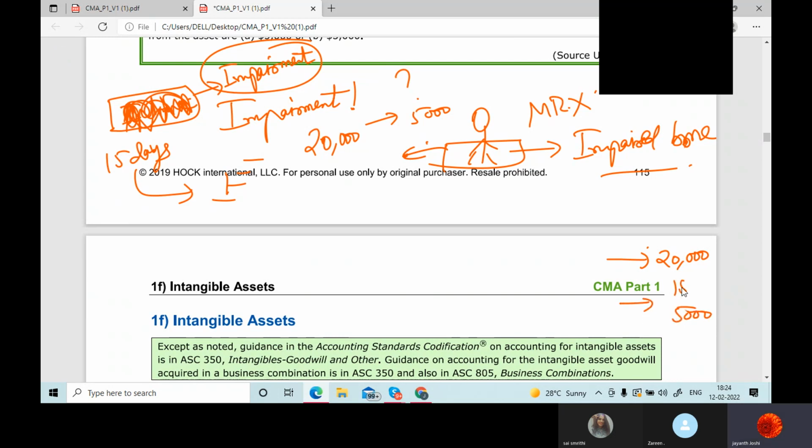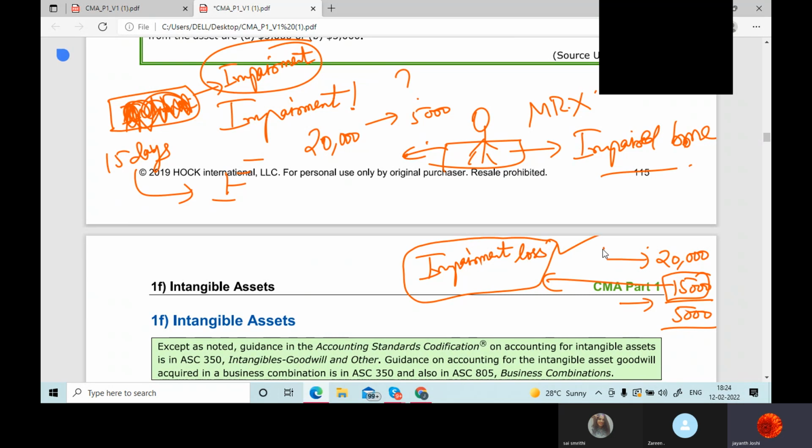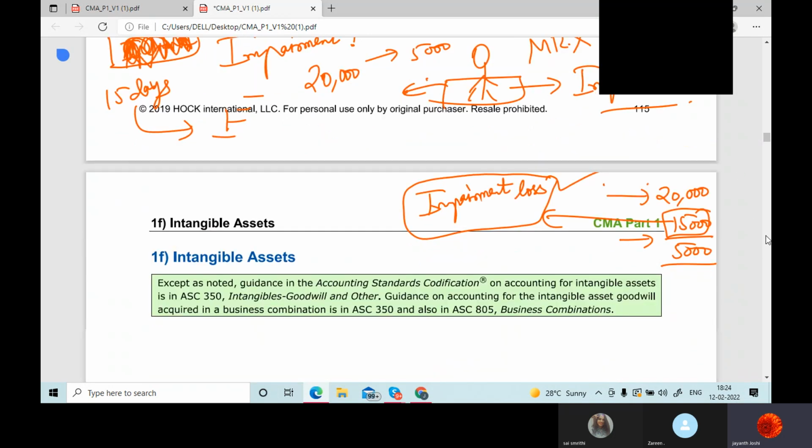So there is a loss of how much? 15,000. So this 15,000 is nothing but impairment loss. I would write some points here.